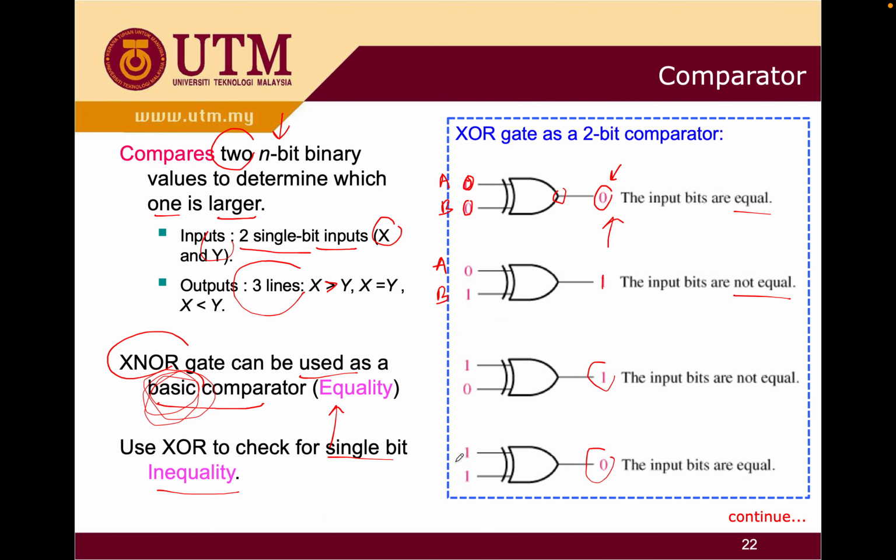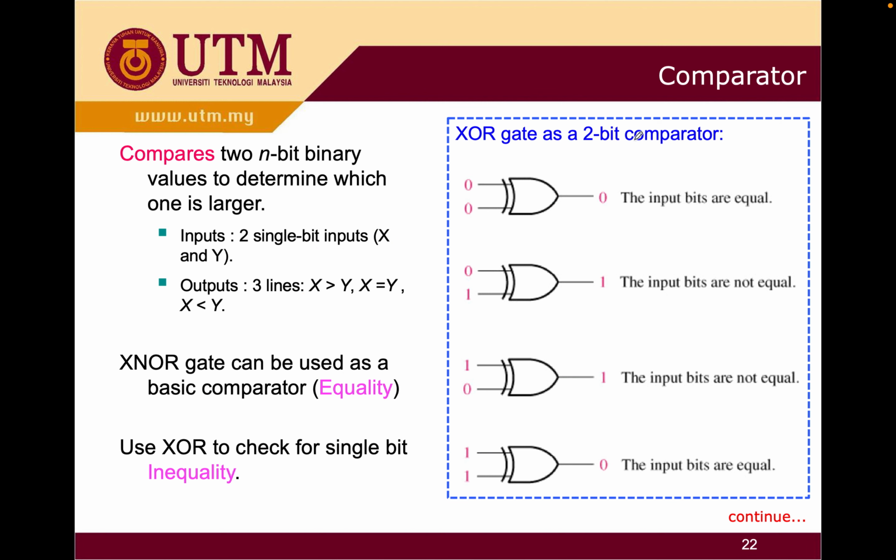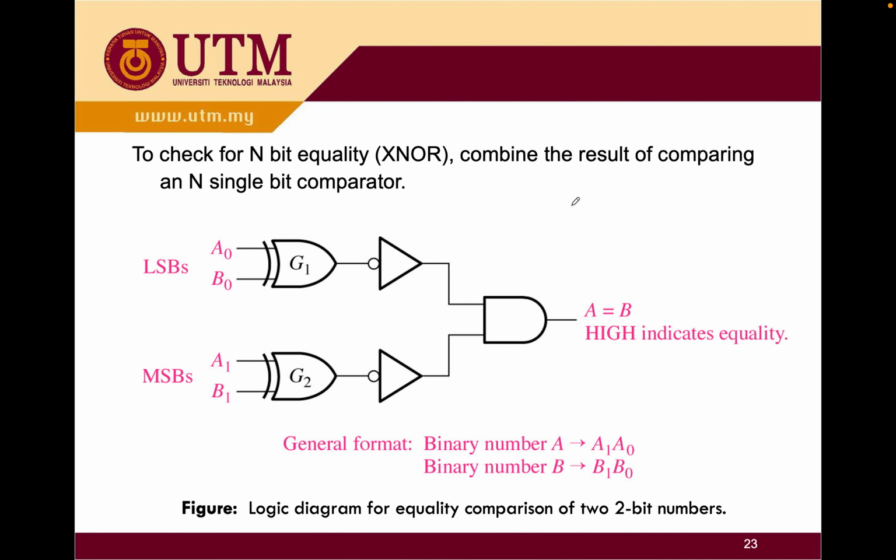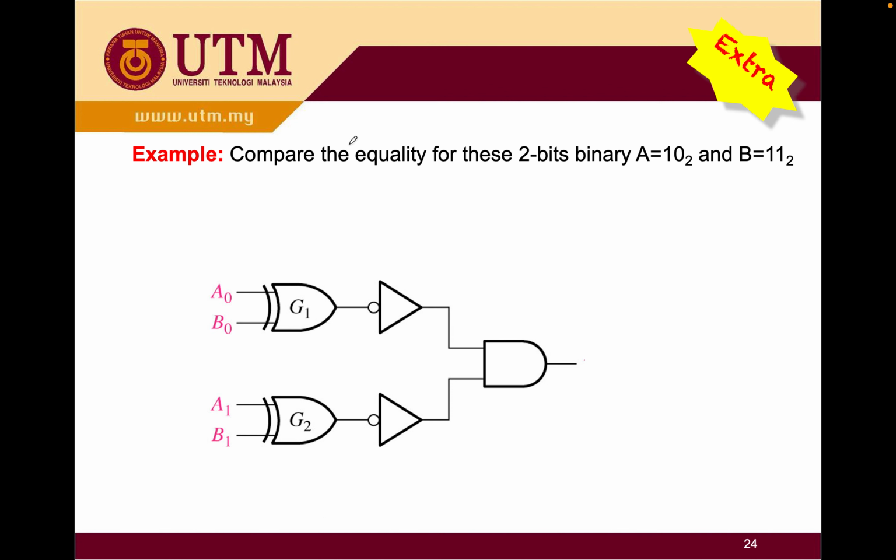For a comparator, you need to know how to build it from basic gates using XOR. You need to remember all these functions, but this is basically in your module 1 already, and you're going to compare whether it is equal or not for XOR. Similar to XNOR. XNOR, of course, is the vice versa of your XOR. Compare the equality for these 2-bit binary.